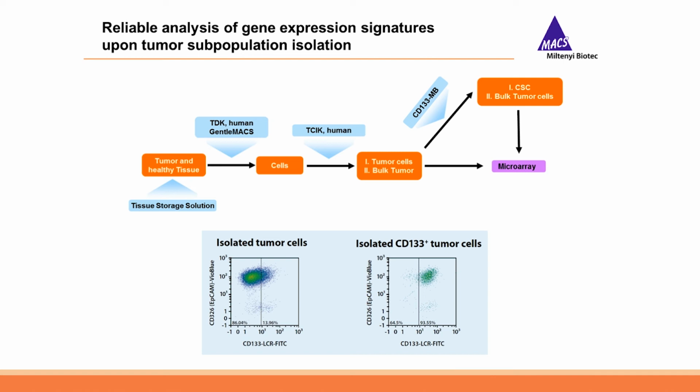Let's call it cancer stem cells or not, doesn't matter, it's just meaning you isolate a tumor cell subpopulation. Whereas we have compared this standard procedure to first isolating tumor cells and then isolating the tumor subpopulation out of these tumor cells, which is possible because it's an untouched separation, so you can do an additional magnetic separation afterwards again.